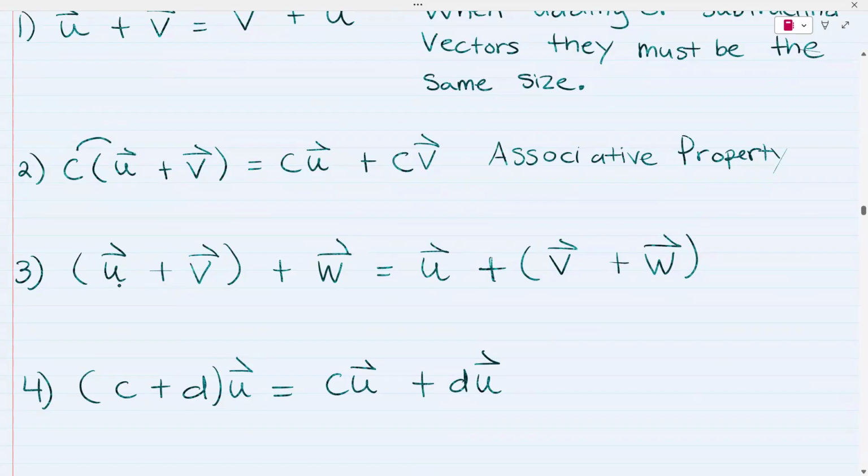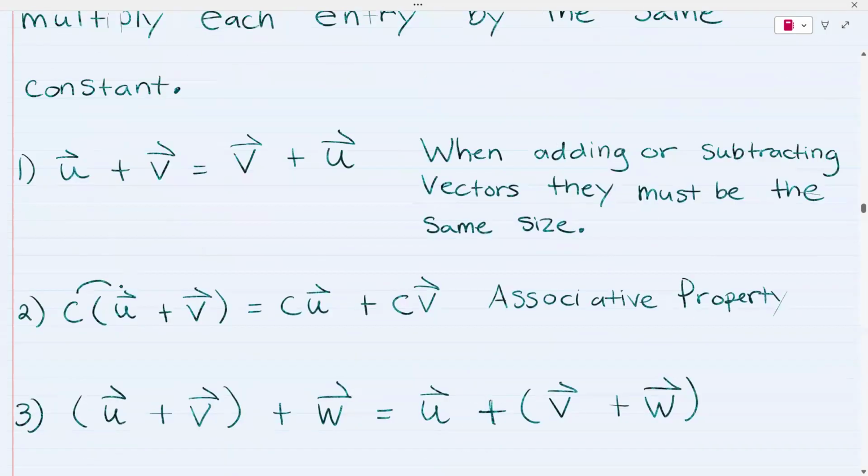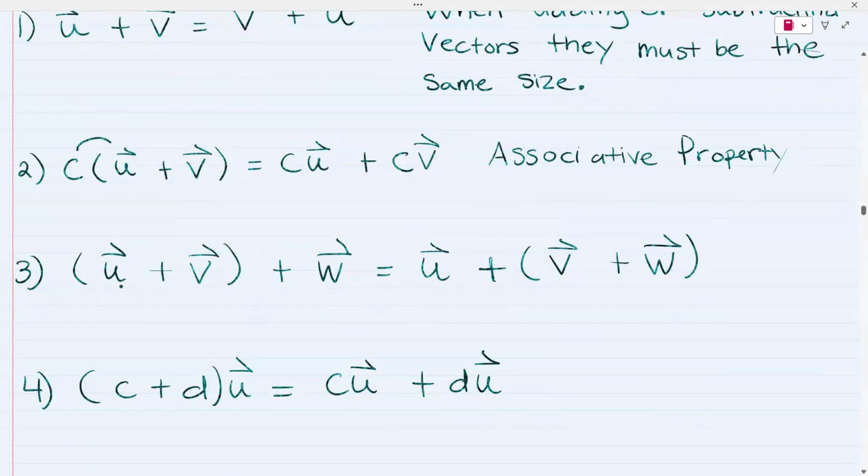I forget what property that is. I think it's the associative property? It's the same thing, right? You can switch the orders around and you'll still get the same answer.